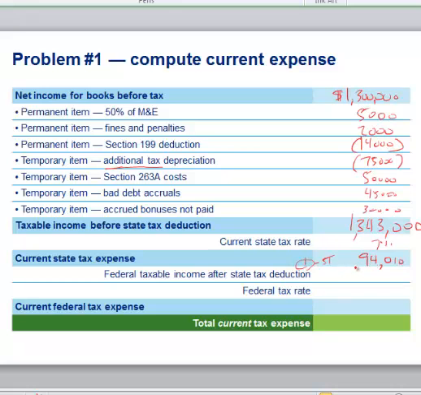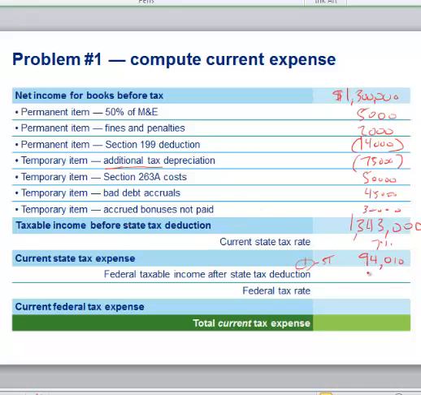Okay, my federal taxable income. So now I'm going to move on to step 1 for federal while I'm on the topic of a current provision, right? Okay, so my federal taxable income after my state deduction. Tejal, how would I figure out federal taxable income after my state deduction? That can be taxable income before state deduction reduced by state tax expense.